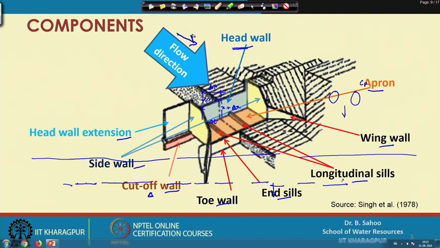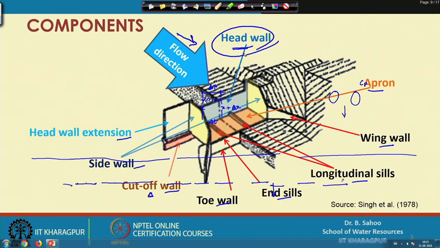The main function of the head wall is that it is the front wall against runoff flow in the drop spillway constructed across the gully or channel width.